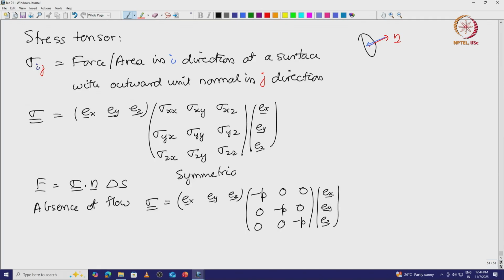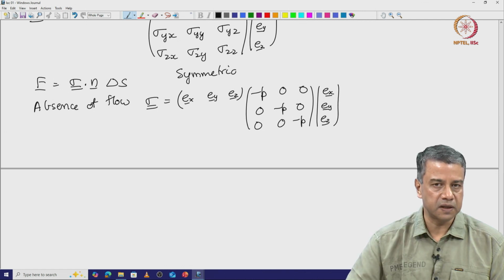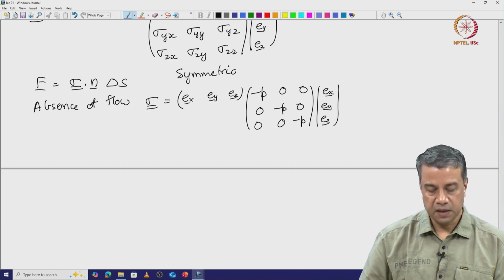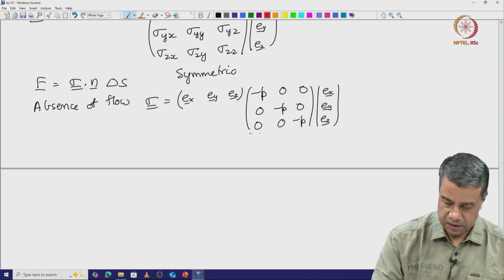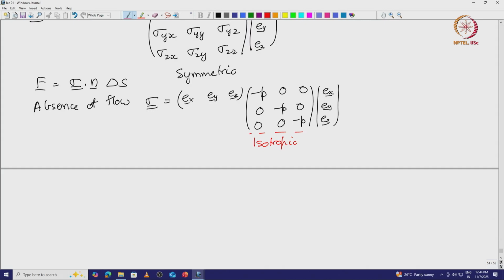That is, for the stress tensor in the absence of flow, the diagonal elements are minus p, the negative sign because pressure is defined to be compressive, whereas stress is defined along the outward unit normal. Off diagonal elements are 0. This is what is called an isotropic tensor, that is with equal diagonal elements and 0 off diagonal elements. And the stress in this case, the force always acts along the unit normal.